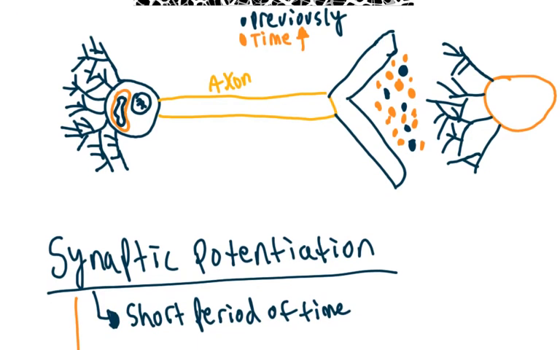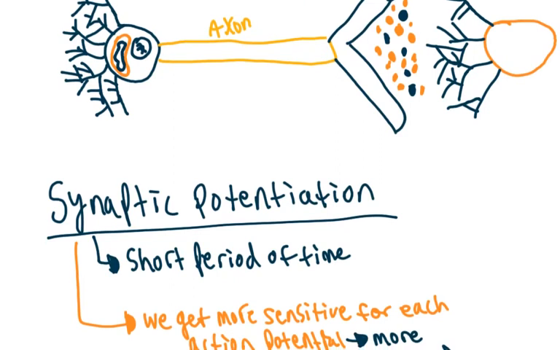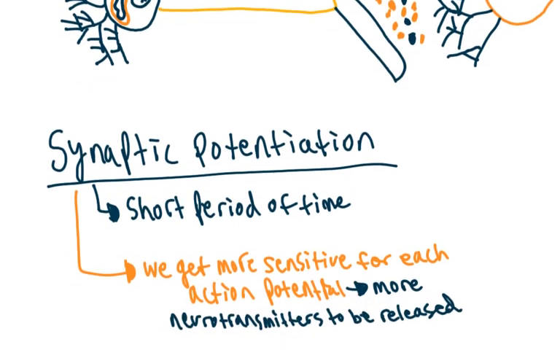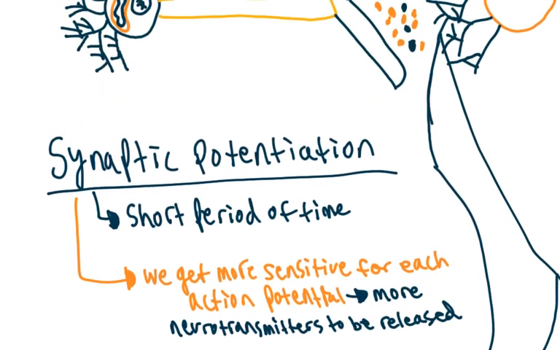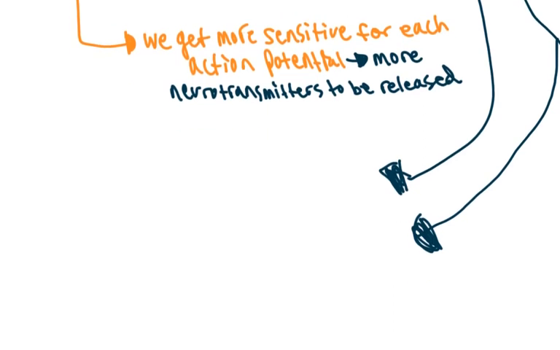Now, the second thing that happens in synaptic potentiation takes part in the postsynaptic neuron. So for that, let's just go ahead and take the tip of one of these dendrites and zoom in. So what we're gonna see is this. Let's draw our dendrites in blue this time.